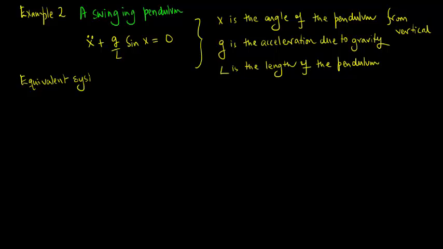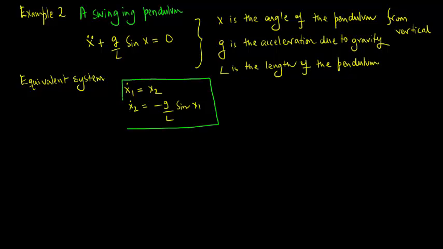The equivalent system is x1 dot is equal to x2 and x2 dot is equal to minus g on L sine of x1. Now we get to this equivalent system using exactly the same trick as the previous example.